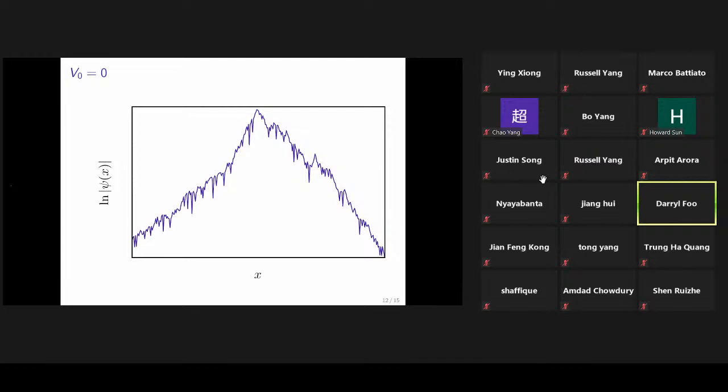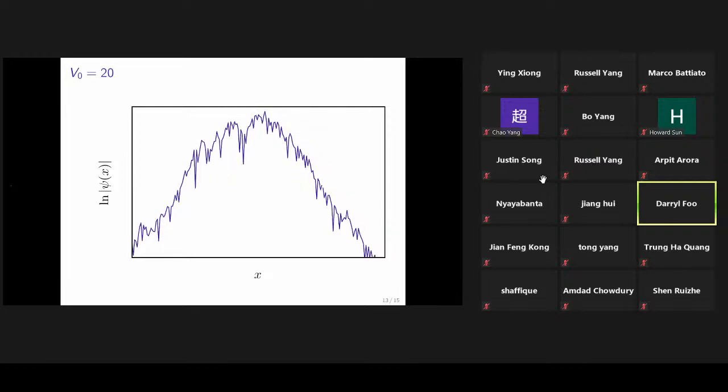And we can see it's basically an inverted absolute value function. So that means, yes, this wave function is exponentially localized. However, if we increase V0 to say 20, we get a much more gentle slope. And it might be arguable that this is better described by a parabola.